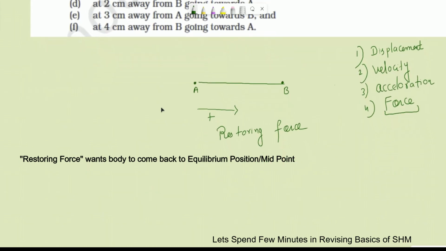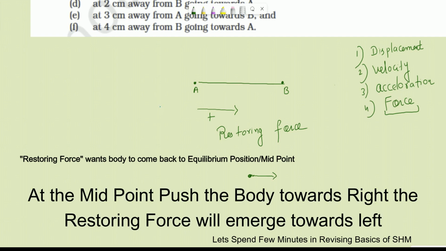Say this is the mean position, and you disturb the body and it moves in the rightward direction. The body will experience a restoring force in the opposite direction. So if the body is going towards the right, the restoring force will be experienced in the opposite direction.